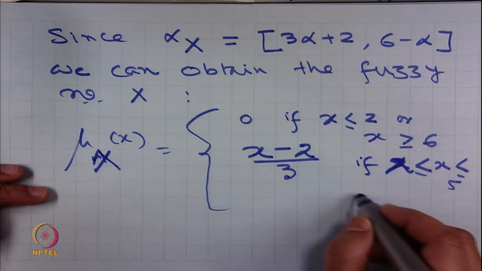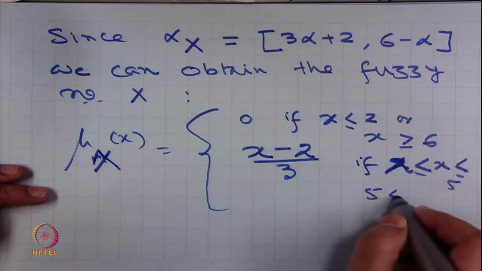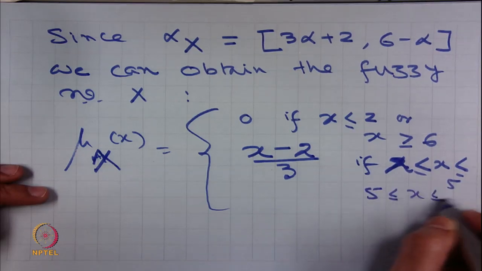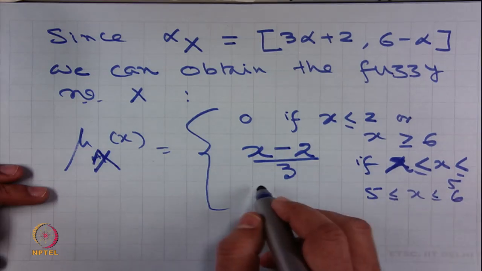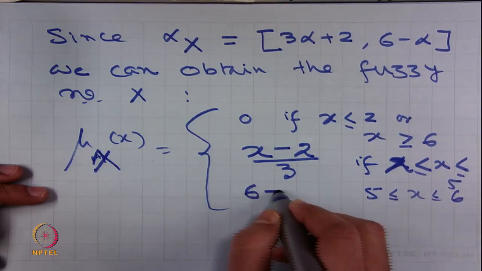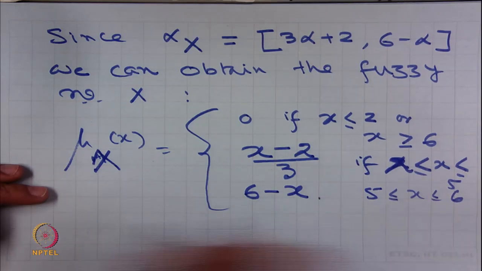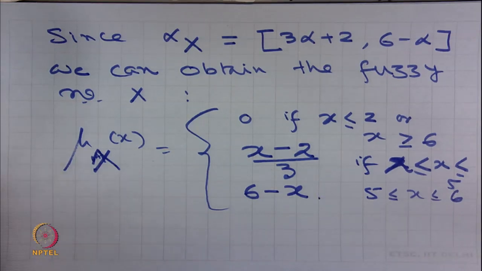In a similar way, when 5 less than equal to x less than equal to 6, we get the membership to be 6 minus x. Therefore, in this case we get a solution.